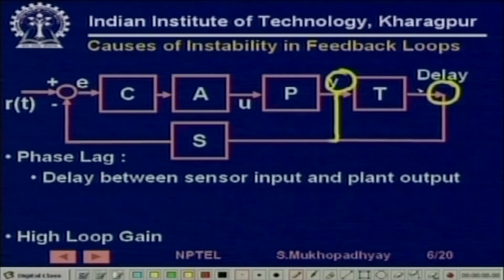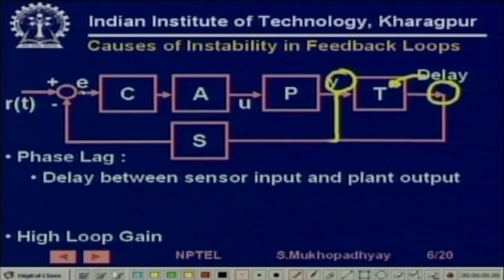So, there is a delay of, let us say, t seconds, then in that case that delay can easily generate instability, and this is one of the prime causes of instability.